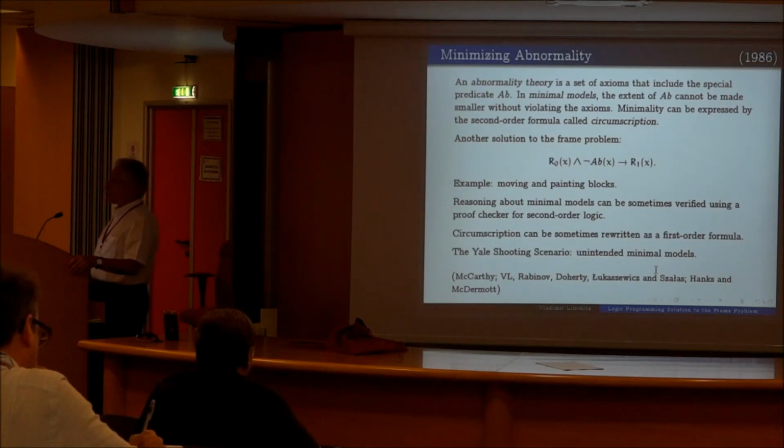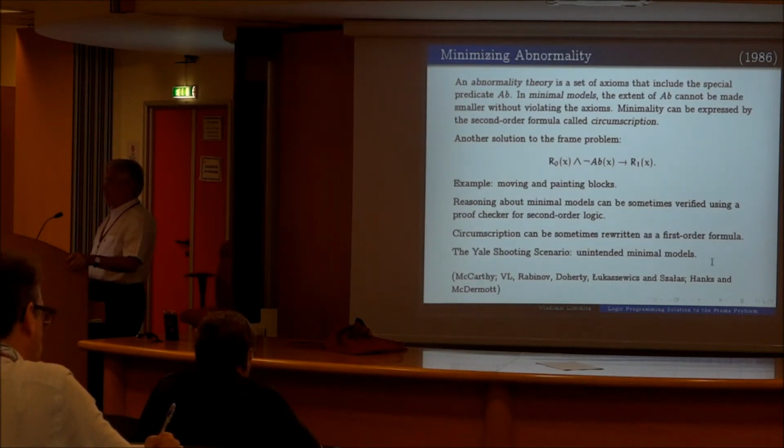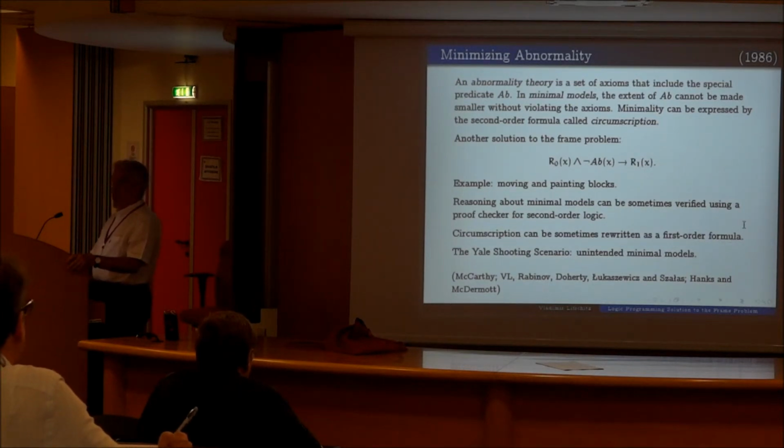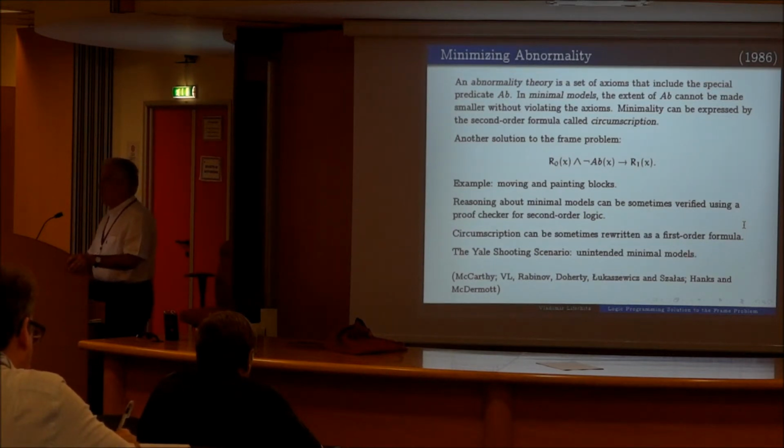Ab of x means x is abnormal. And in addition to arbitrary models of our abnormality theory in the sense of classical logic, we can talk about the minimum models, the models of the theory in which the extent of ab, the set of all abnormal objects, cannot be made smaller without violating the axioms.